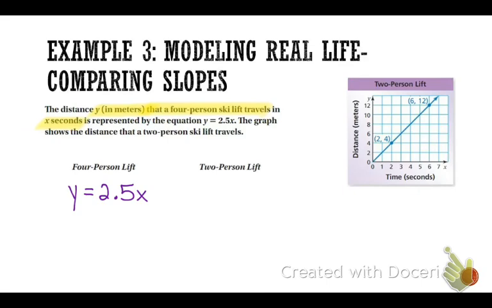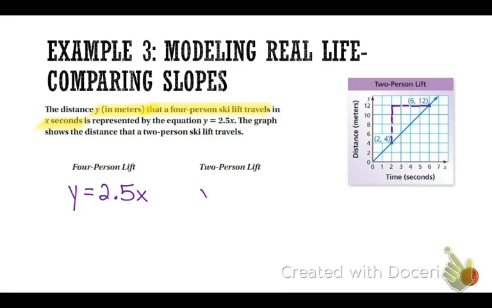Does anybody remember from last week when we learned slope, Macy? Rise over run. Do you guys remember that? So let's count our rise. 1, 2, 3, 4. And then what's my run? 1, 2, 3, 4.